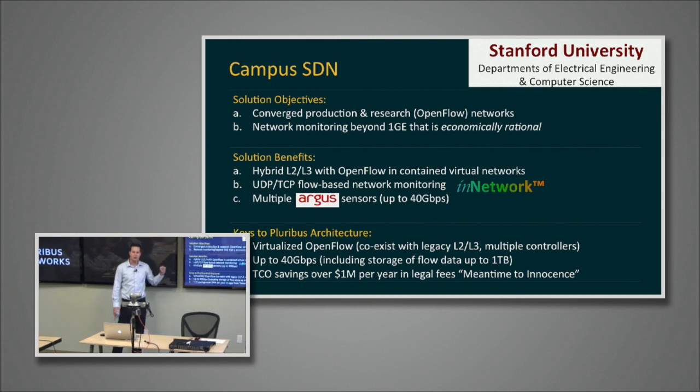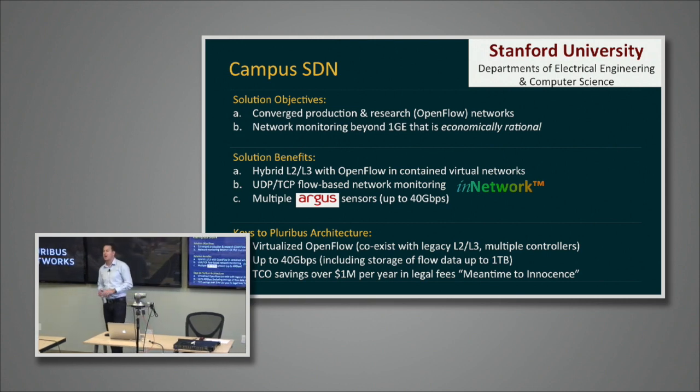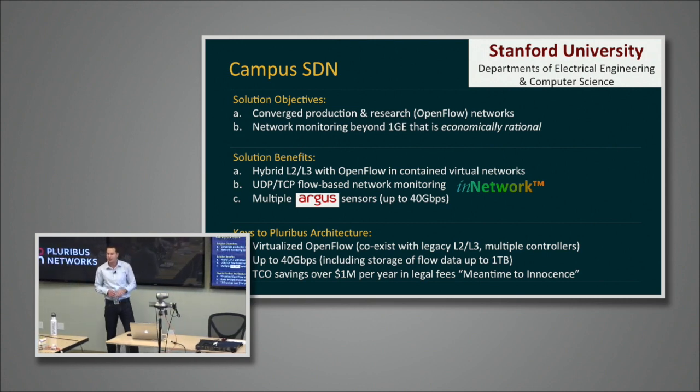One of the challenges with network monitoring is that past 1 gigabit per second of line rate, it becomes very, very expensive. A lot of solutions require the aggregation of taps. You need a separate network. You then need a whole bunch of servers to handle the processing of these flows. We can do with the model that Stanford has deployed up to 10 gigabits per second of network monitoring.